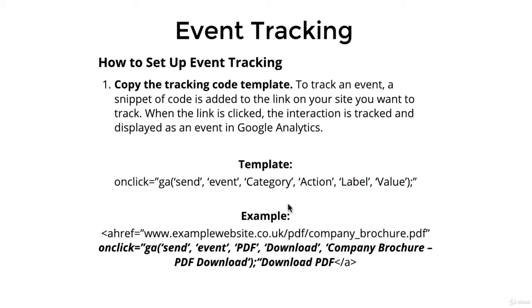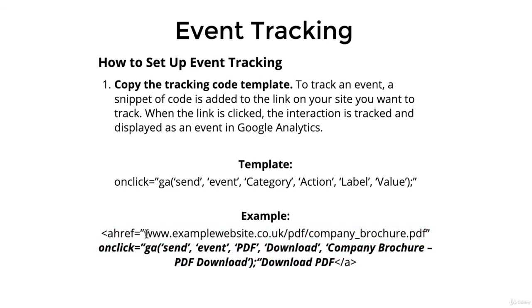So that is what we want to do, but the first step is really just copy the link, and then this code is really added to the normal link that we would have on our website. So this is a full example of it all put together here. This is an example of a link that you would have in the back end of your website. So this is what it would look like in its coded form.